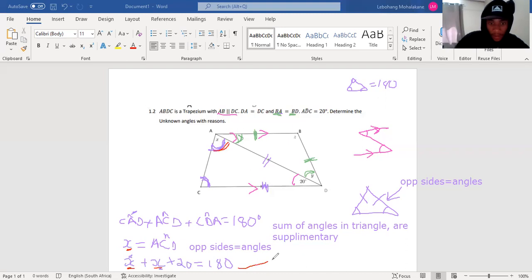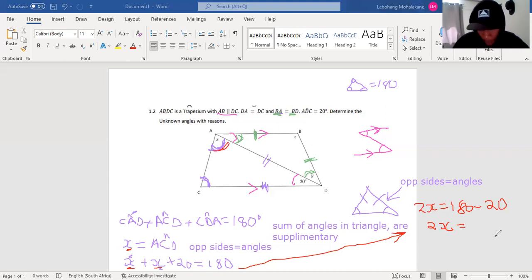So this is going to give me 2x, because I added x plus x, is equal to 180 minus that 20. So I'm going to have 2x being equal to 160.